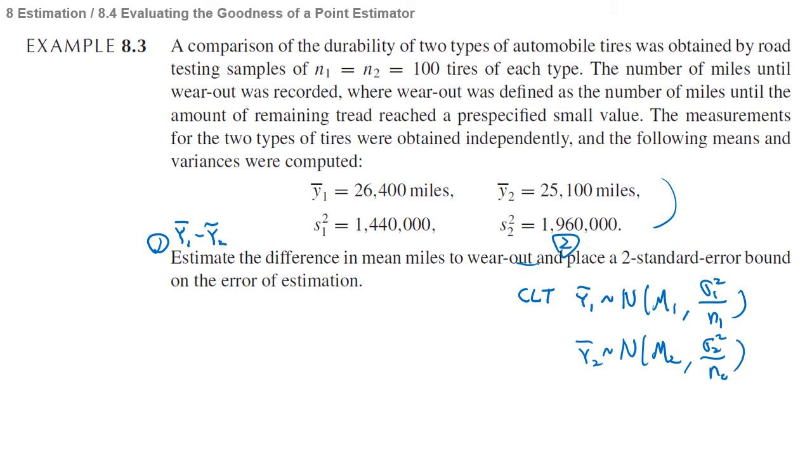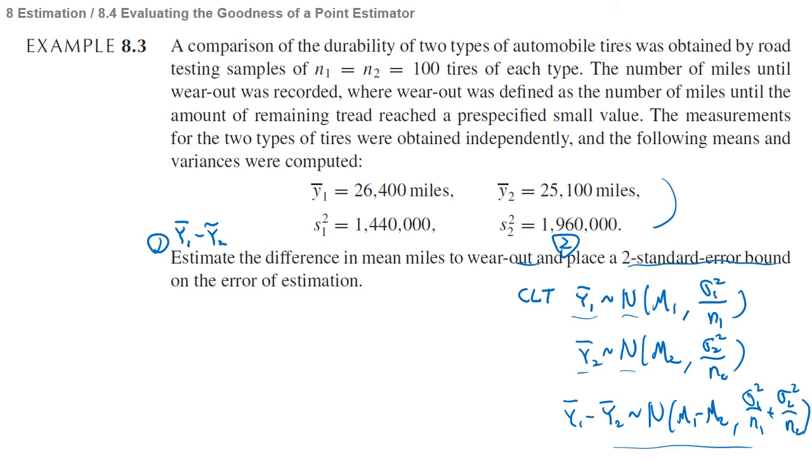If Y1 bar and Y2 bar follow normal distributions, then Y1 bar minus Y2 bar also follows a normal distribution, with mean mu1 minus mu2 and variance the sum, sigma 1 squared over n1 plus sigma 2 squared over n2. From this distribution, we can construct the two standard error bound.